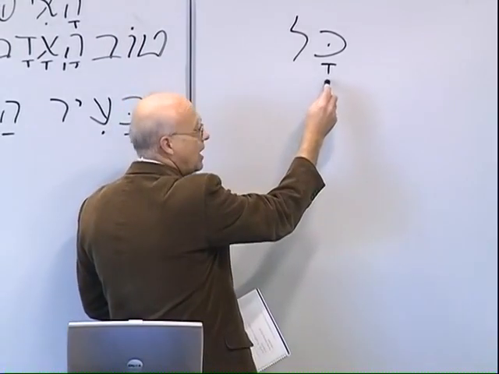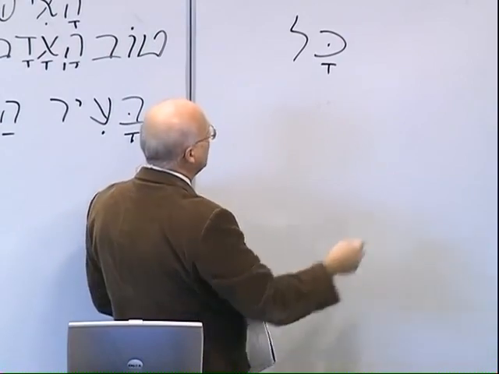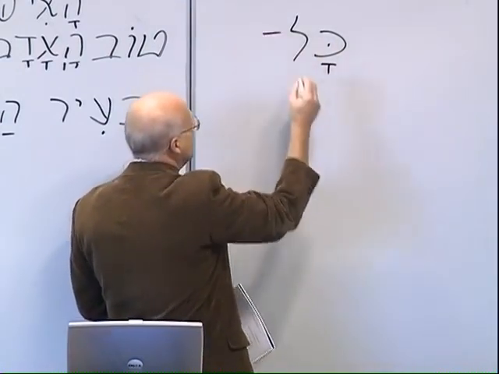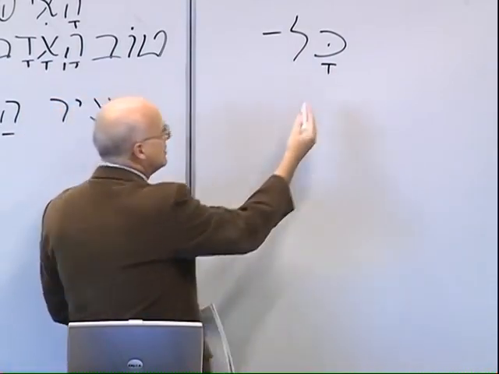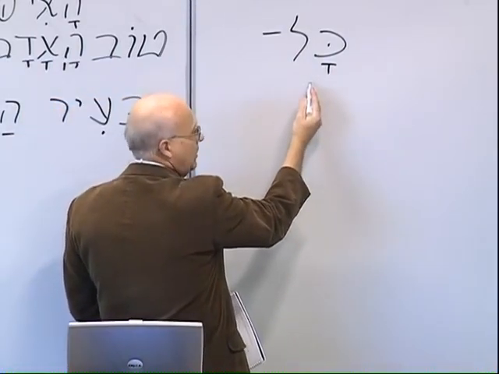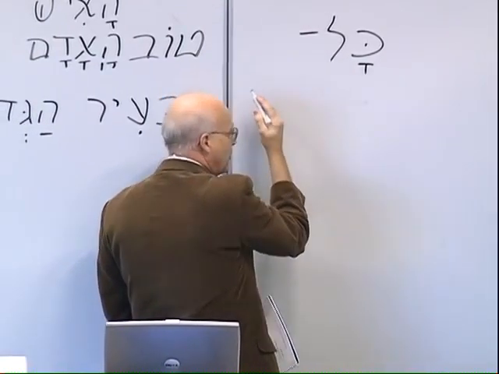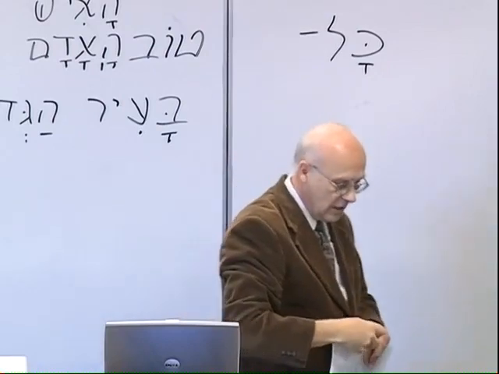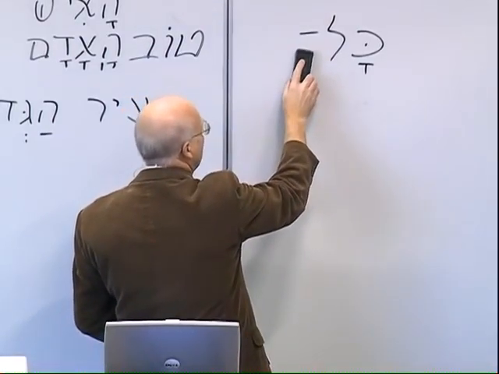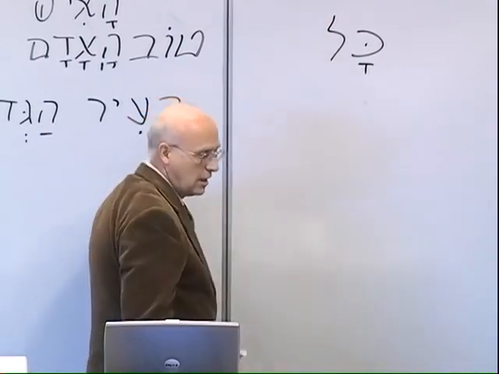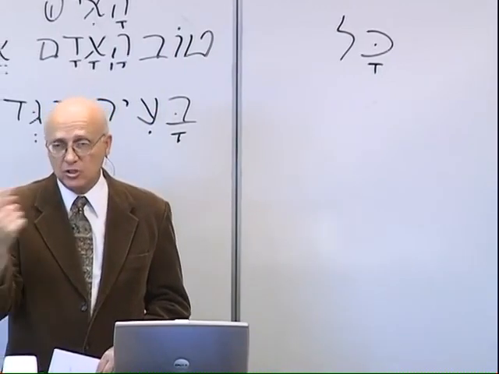Why? Because this is a kametz hatuf. You say, but wait a minute, that's in one syllable. But you notice that in many places there's a makef written there. That is because when this is put in the short form, it's always considered construct, and therefore it's always going to be pronounced together with the following word. The makef is sometimes used to indicate that as a reminder, not because the makef is a sign of the construct, but it's the most immediate way to say, pronounce this with the following word.